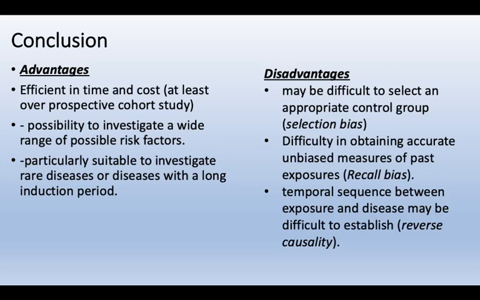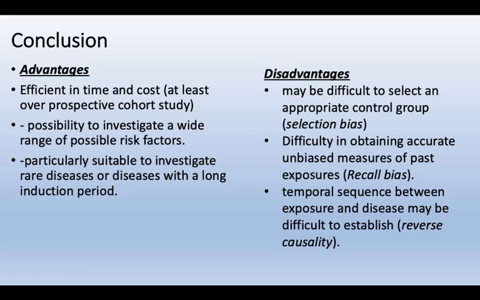There is the possibility to investigate a wider range of possible risk factors. It is particularly suitable for investigating rare diseases or diseases with a long induction period. In cancer, we usually assume it takes 5 to 10 years to become clinically evident, so a long induction period is being reduced.